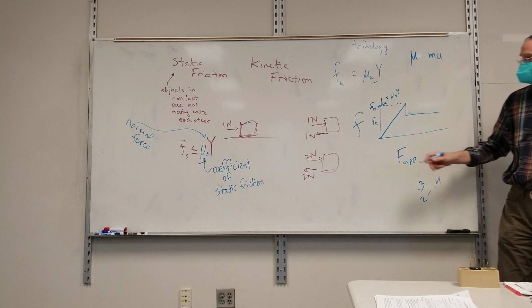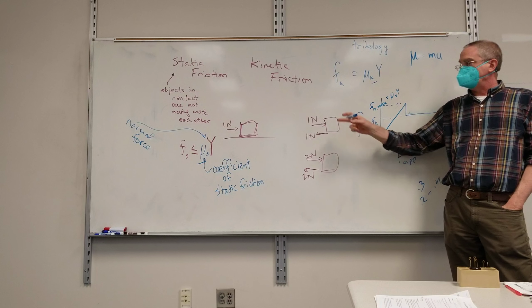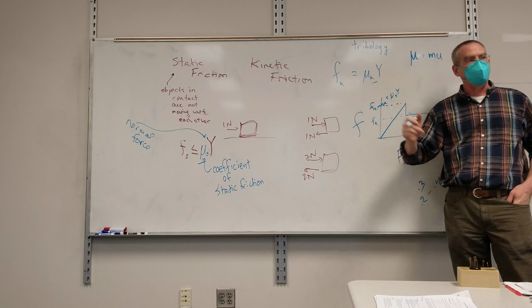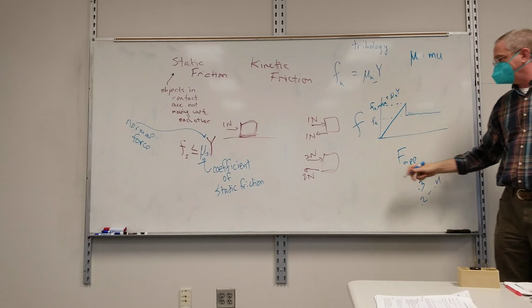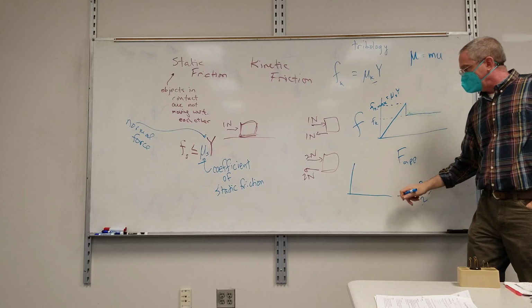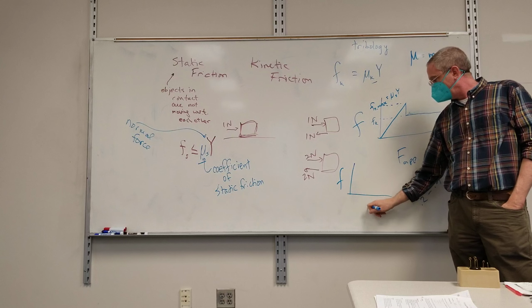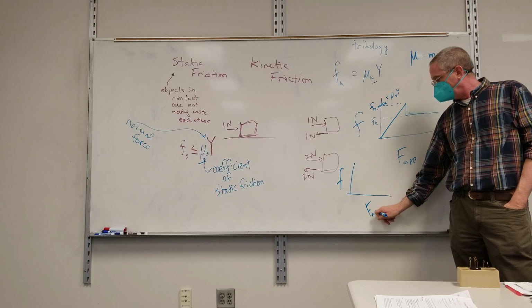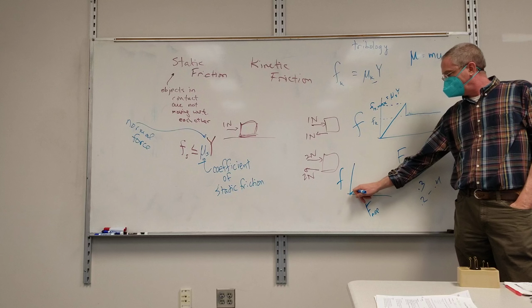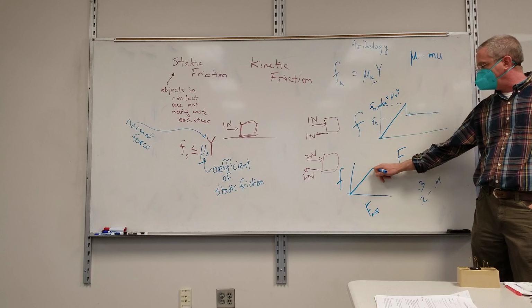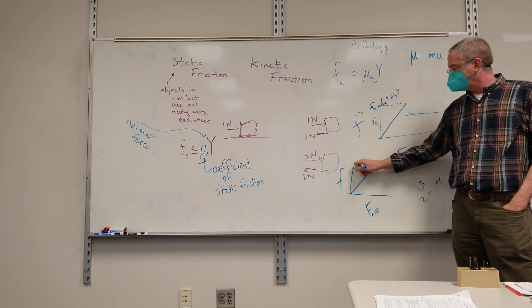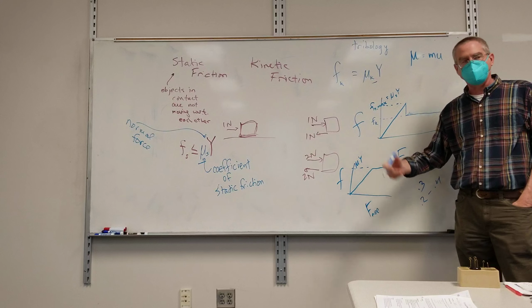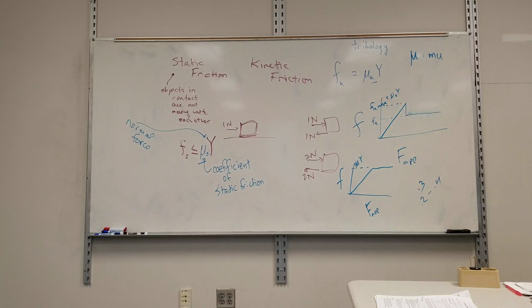What they say is there really is no difference between static and kinetic friction, other than the fact that static friction will match until you hit the breaking point, and then you just have friction. In that model, the friction will match until you hit the breaking point, and then it is just some value of mu times the normal force, where it's the coefficient of friction, not static or kinetic.